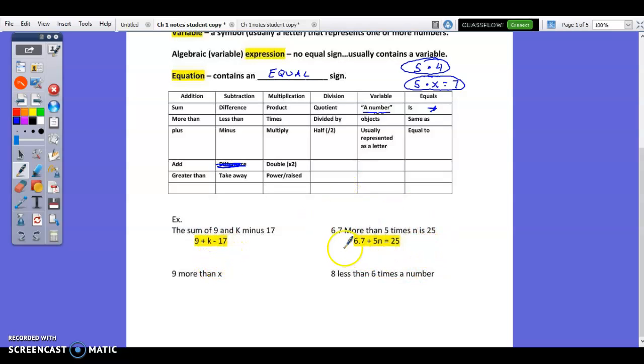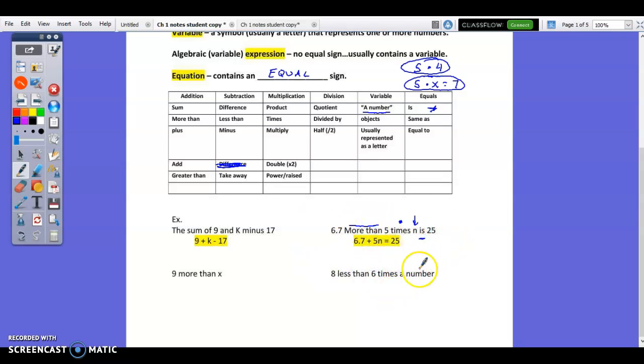In this second example, we have 6.7 more than 5 times n is 25. So there's a lot going on here. We have more than, which we have used as addition. 5 times n, here's our variable, and it's telling us times right here, right? So we can put those together as multiplication. Is indicates our equal sign, and then 25.